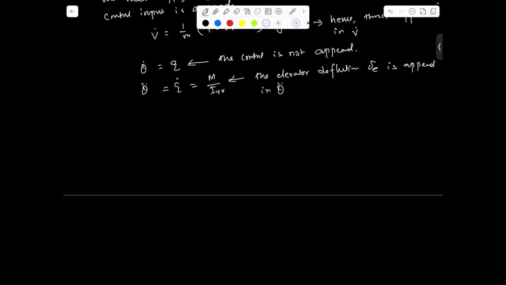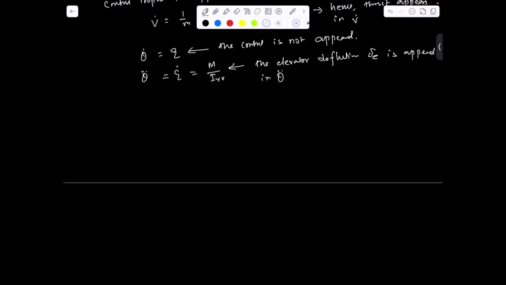So now let us choose U1 and U2 as the new variables, new control inputs for these two equations.